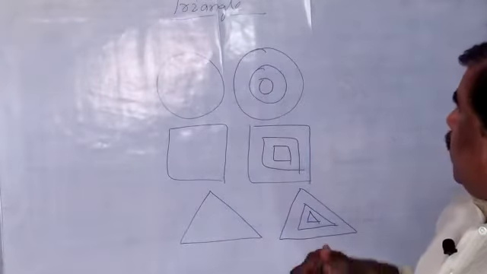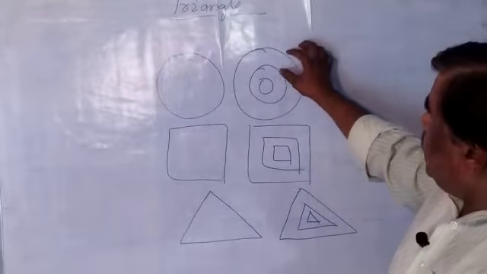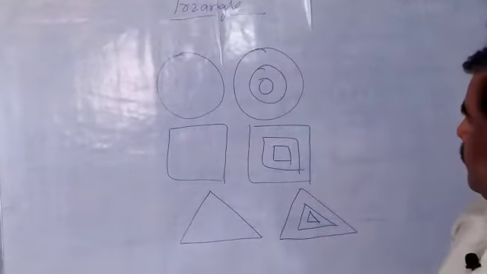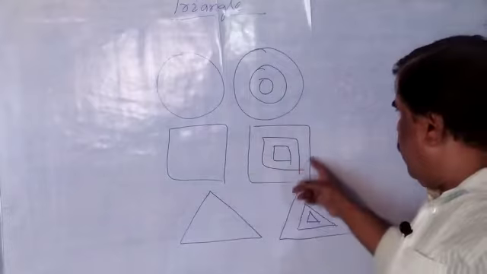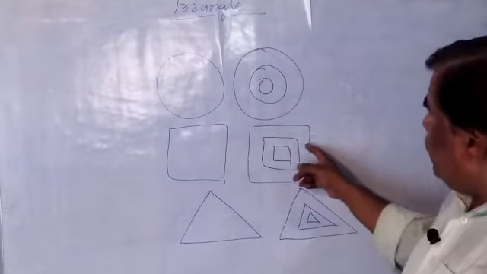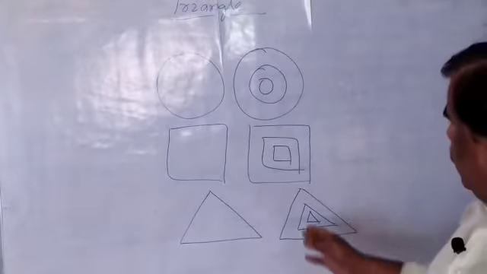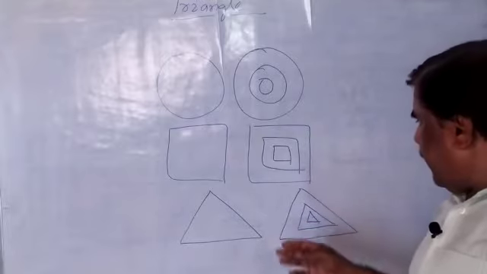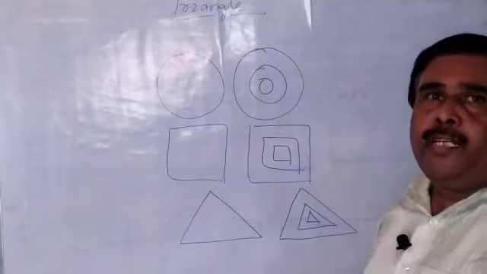But what about those circles which have different radii? Those squares which have different length of sides? Those equilateral triangles which have different length of side?